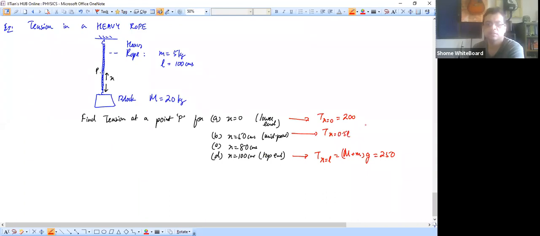So this will become (M plus 0.5 m) g. So this will become 225. Correct.